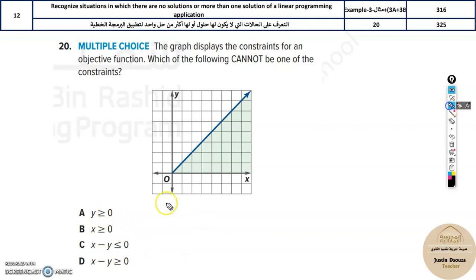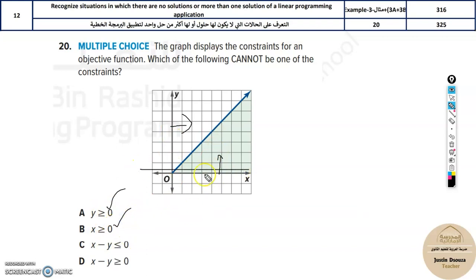Let's quickly see this. Y is greater than or equal to 0. The shaded region is the solution. So y is greater than or equal to 0 is correct. Yes, the solution region is the right side. Correct. X is greater than or equal to 0.